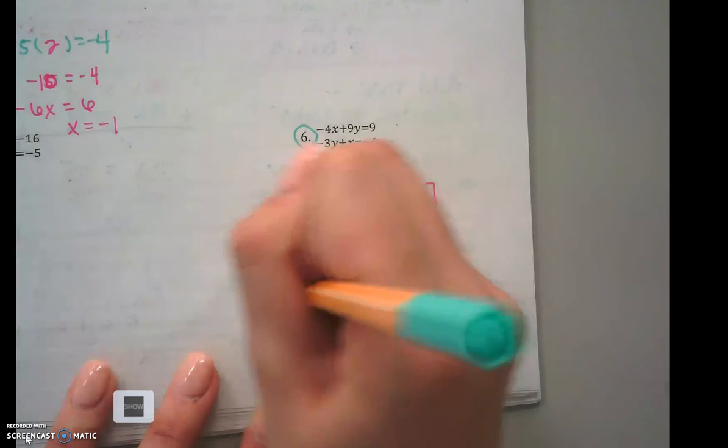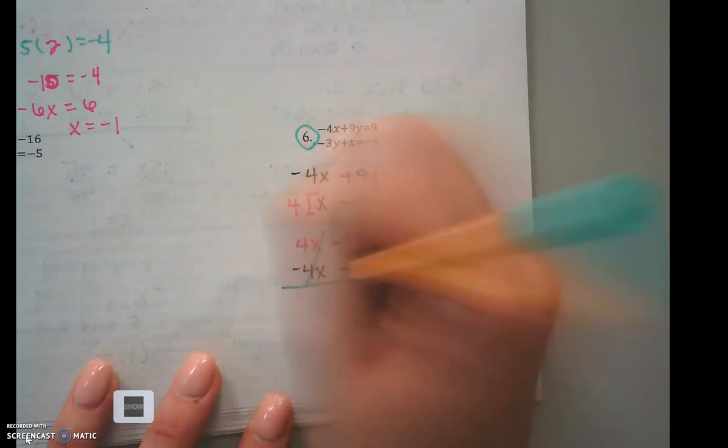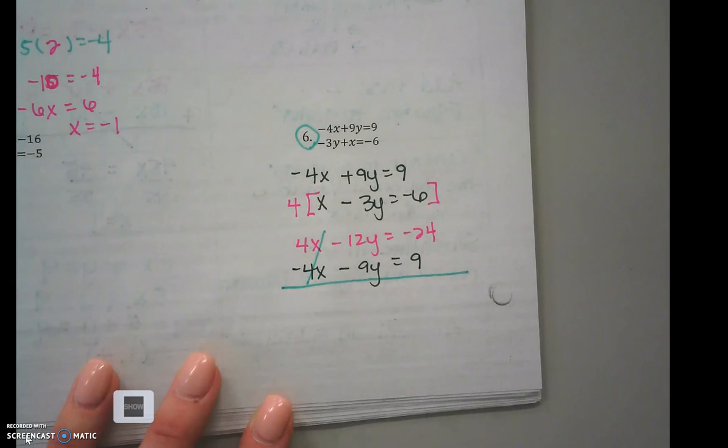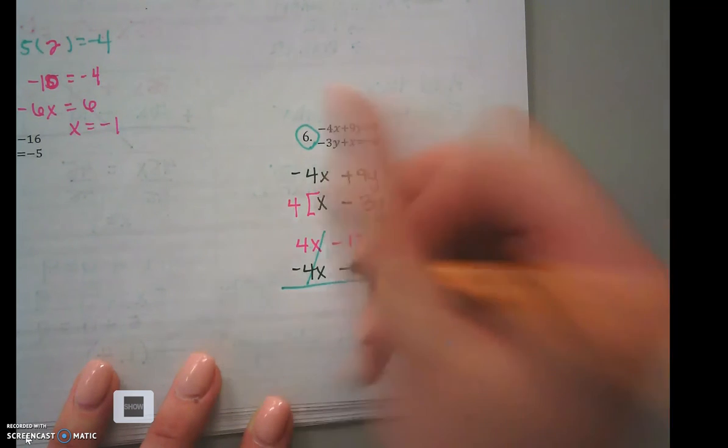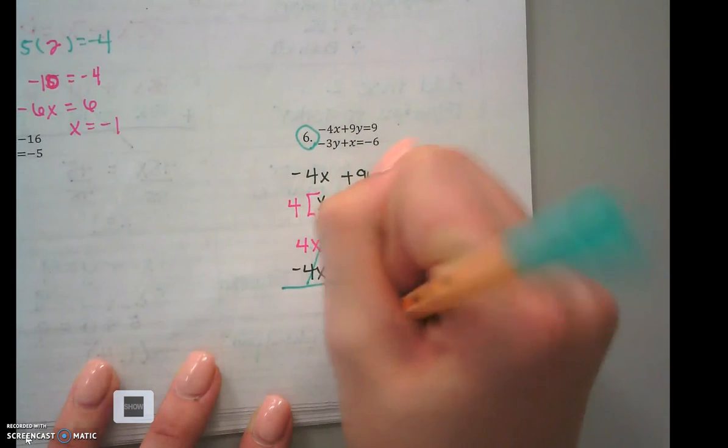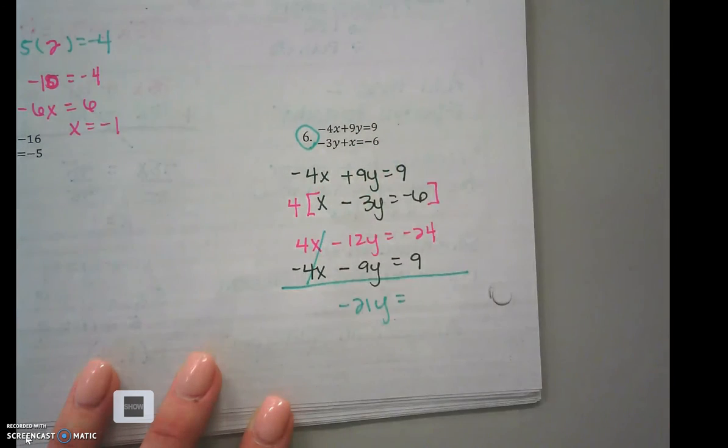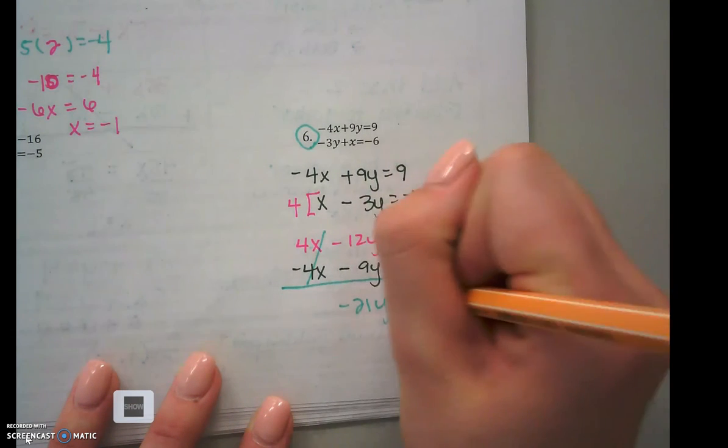I now can add these things up. This should be 12 and 9 is 21. Negative 21y is equal to 15.